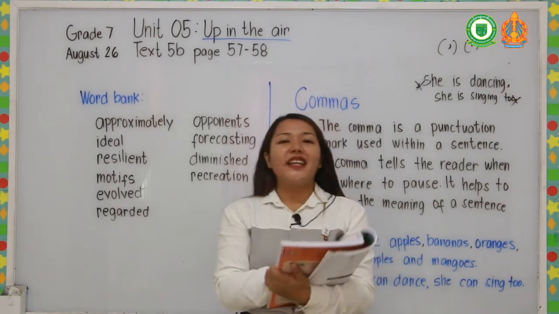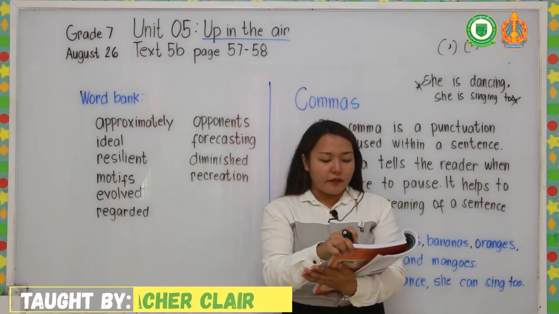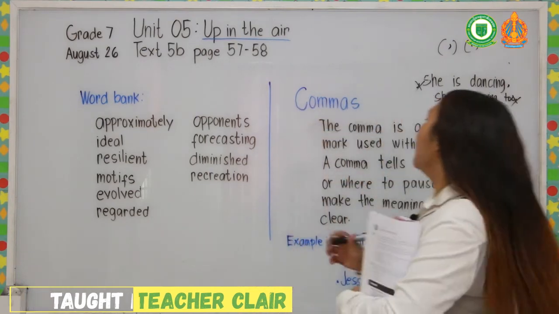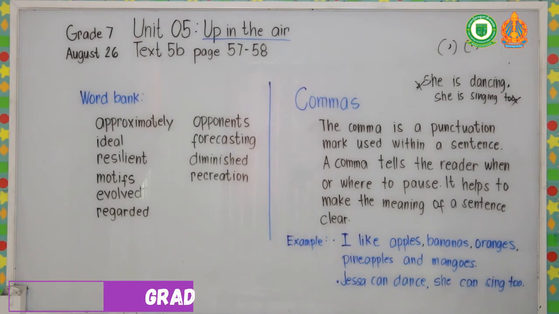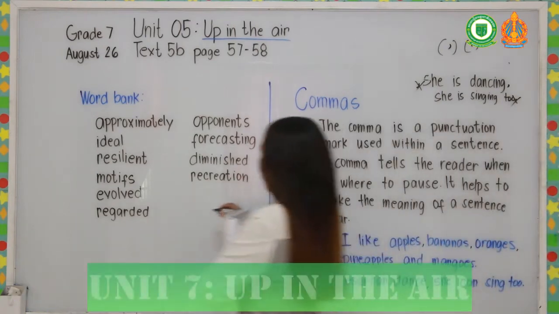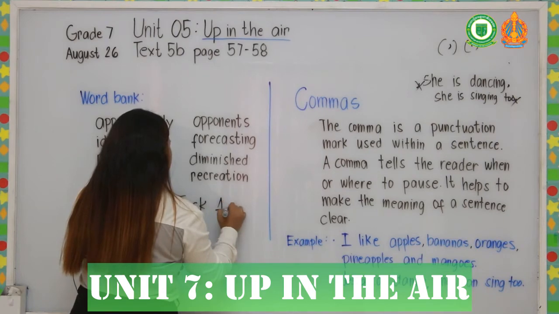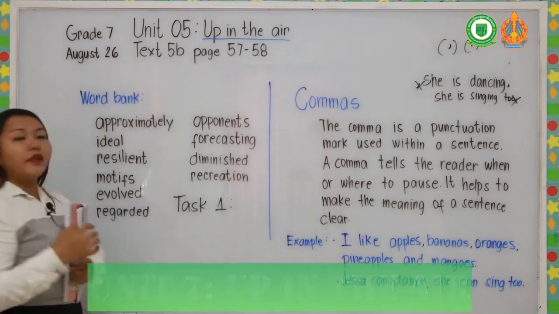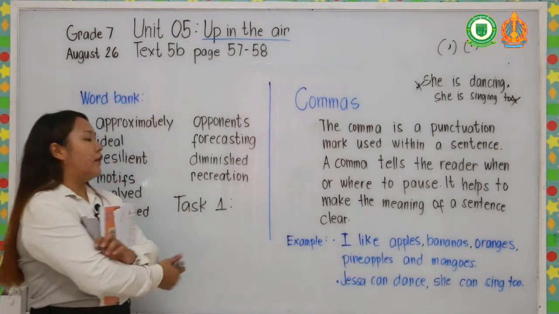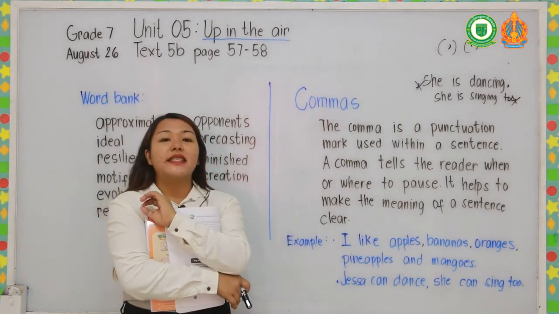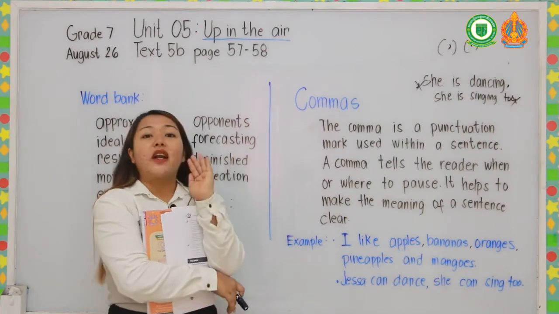All right, so kids, for your task 1, I want you to use comma and give me just 3 sentences. Okay, I will give you clear instruction now. So for your task 1, I want you to write 3 sentences using comma.